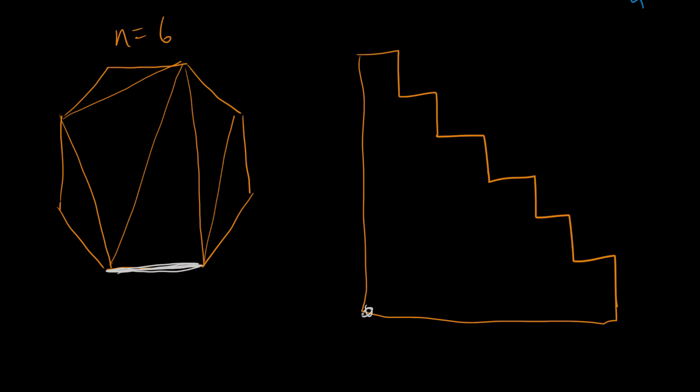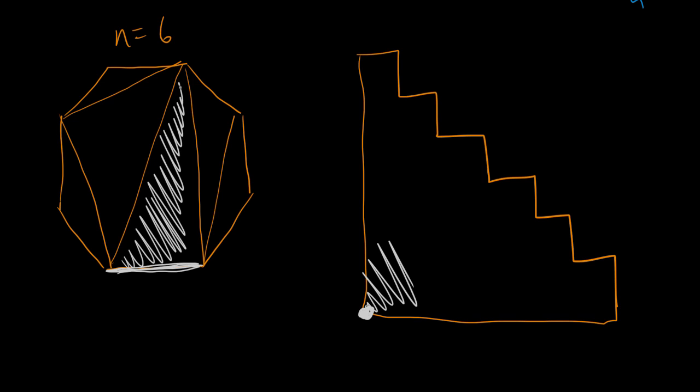Same way I did before, there's going to be a corresponding rectangle somewhere in this area. And that rectangle will correspond to this triangle. Now, if you think of this side as the underside of the triangle, then this triangle has a left and a right triangle that also touch it in this triangulation.